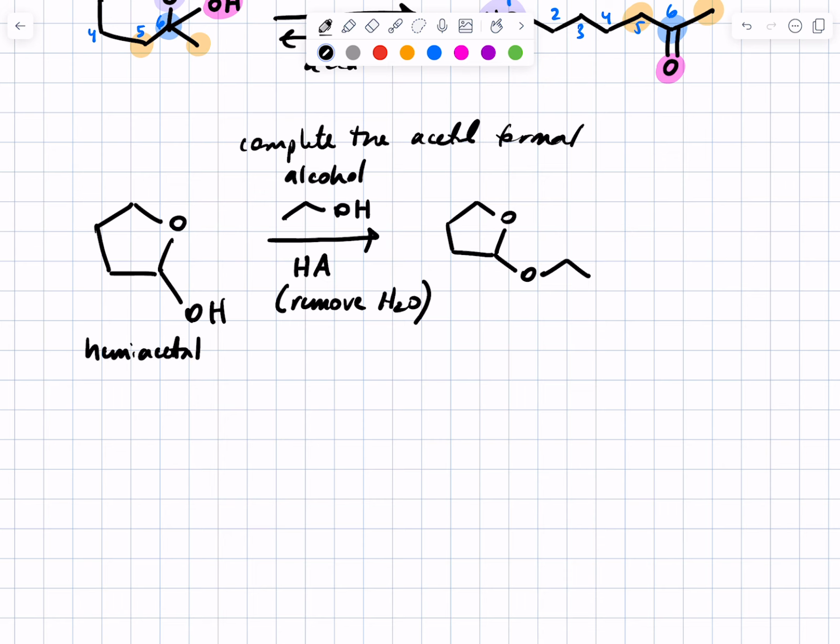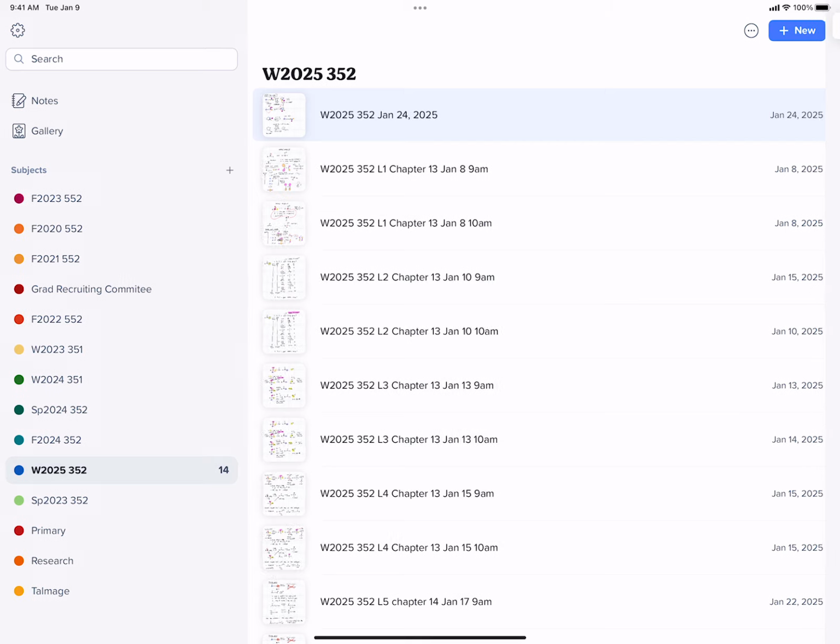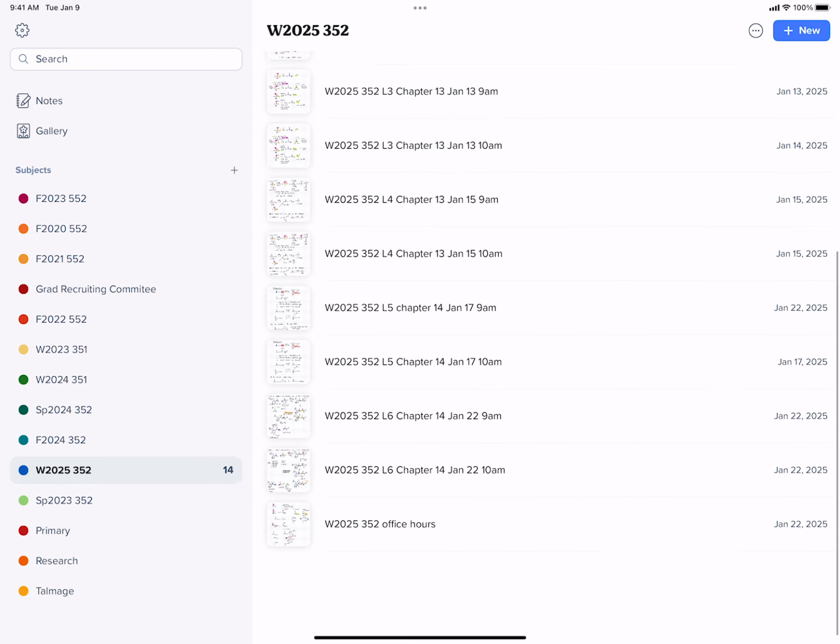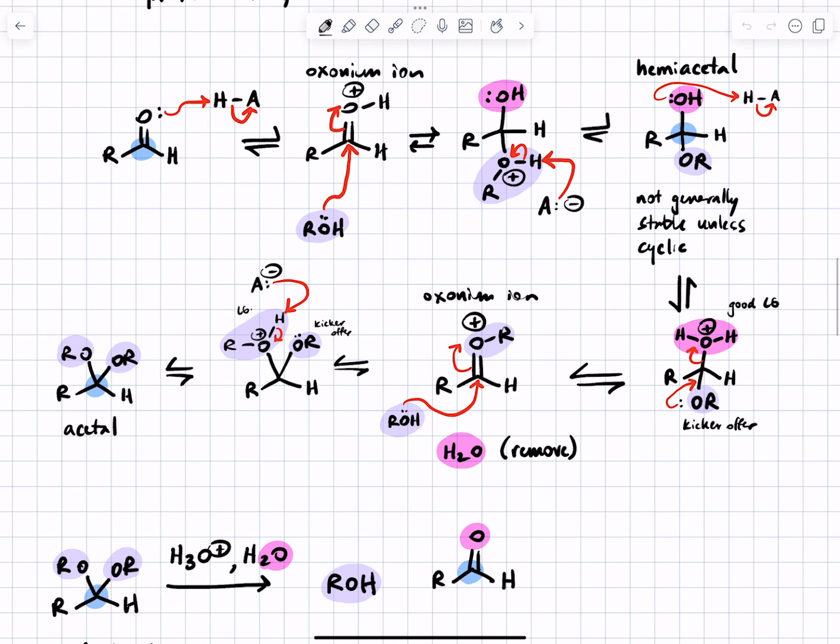Now, just to review from our acetal formation mechanism, what we did when we were at the hemiacetal stage is we protonate the OH group. The OR group acts as a kicker-offer to kick off water as a leaving group. We remove the water, we have now an oxonium ion, and then the second alcohol comes in and attacks.